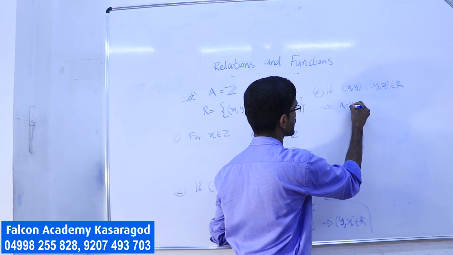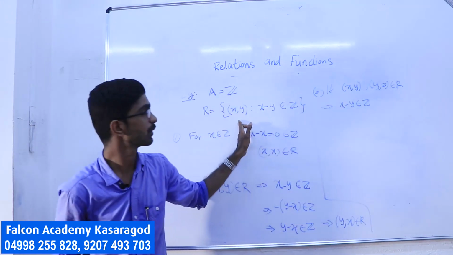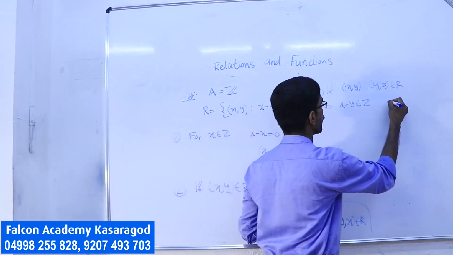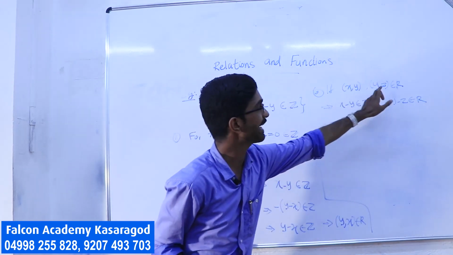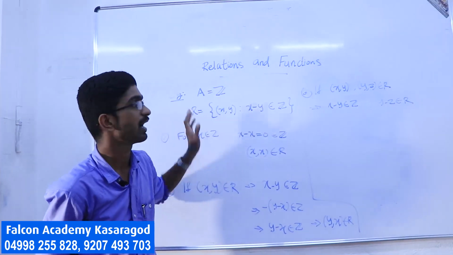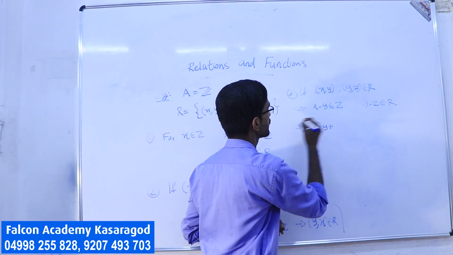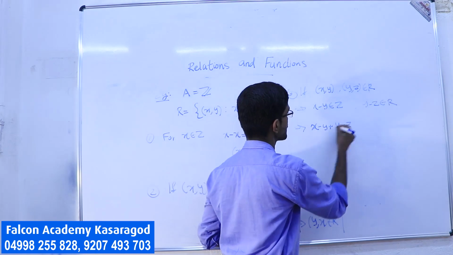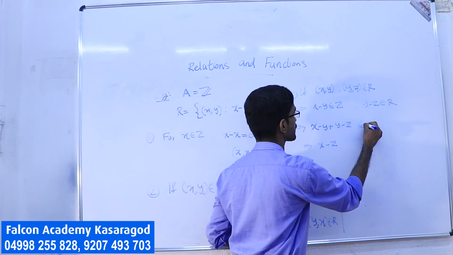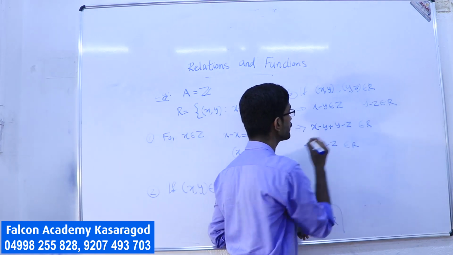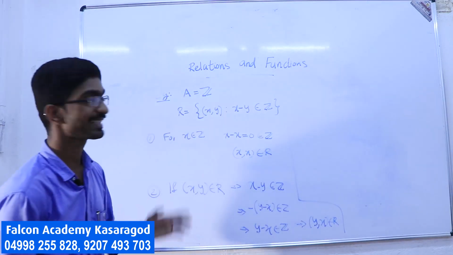So, x minus y belongs to Z. Also, (y, z) belongs to R. That means y minus z belongs to Z. We have to show that the element (x, z) is inside R. For that, just take x minus y plus y minus z. Clearly this is x minus z. So now we have to check the transitivity.